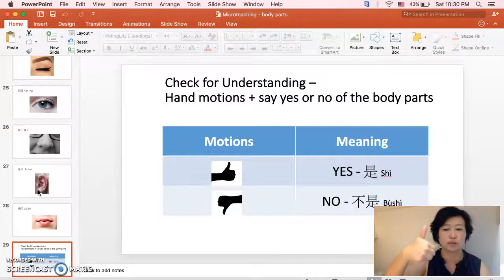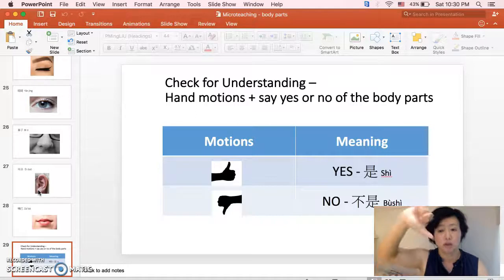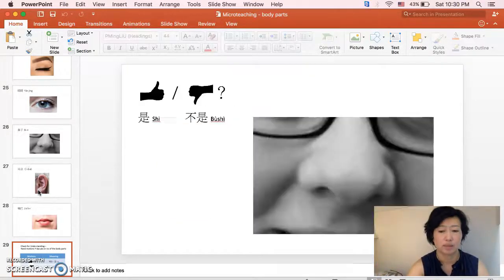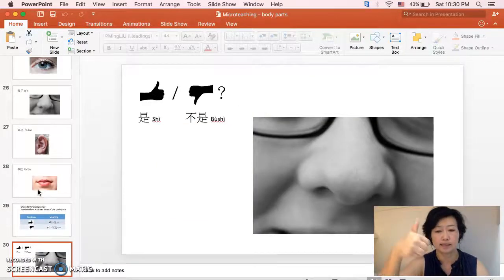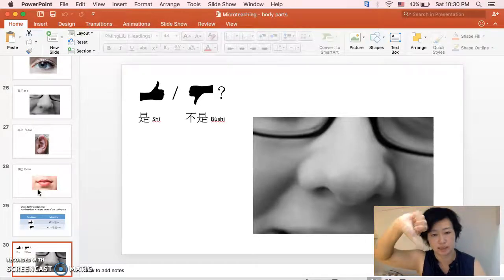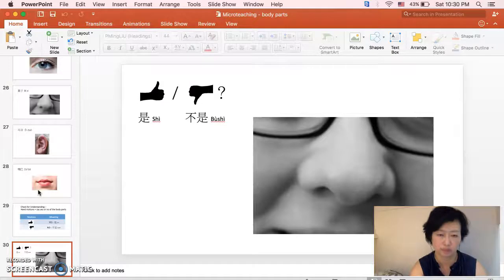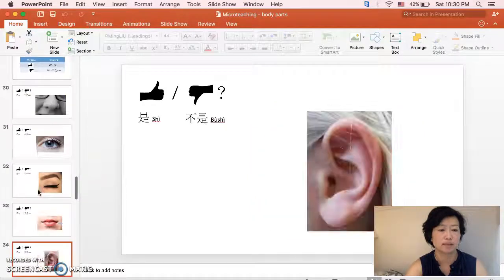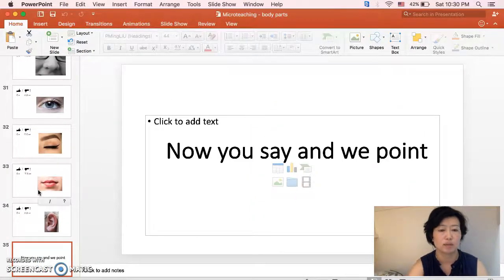So first I used yes or no method. So I would say, is this a nose or not a nose? And then the student has to respond, yes, it is a nose. And then later I would go to another stage.